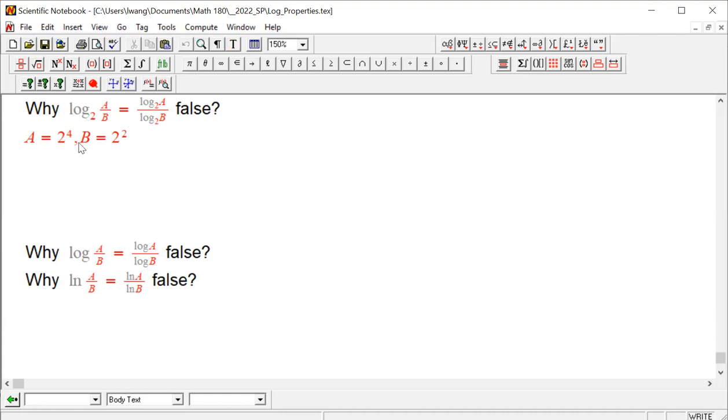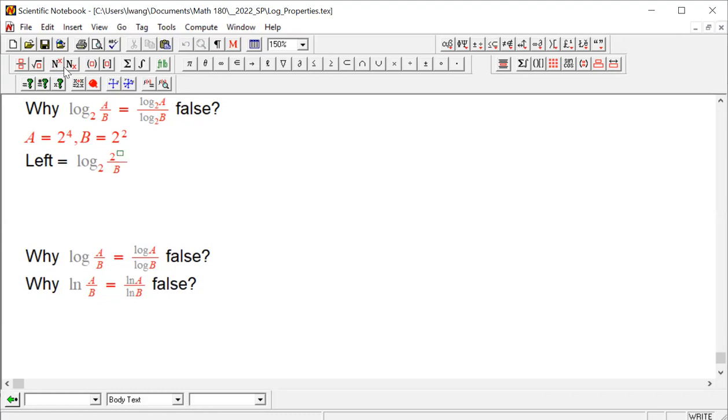And we check the left-hand side. The left-hand side, we have log base 2 of 2 to the power 4 over 2 to the power 2.